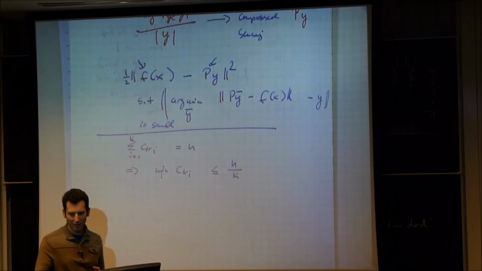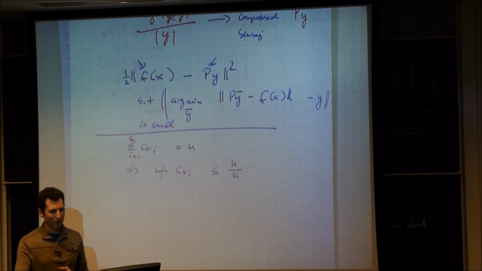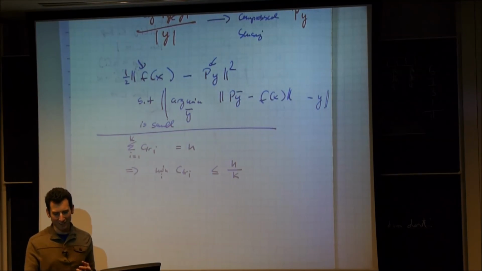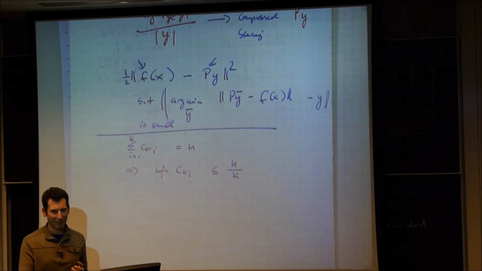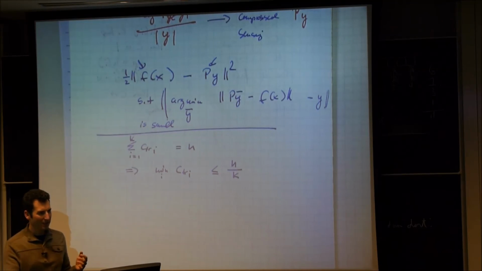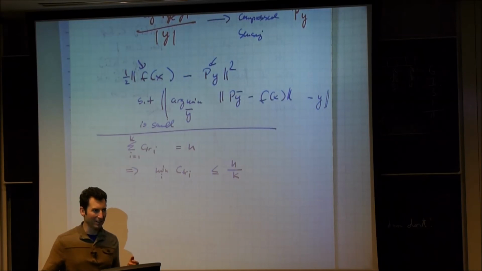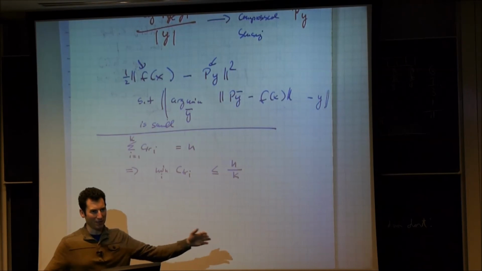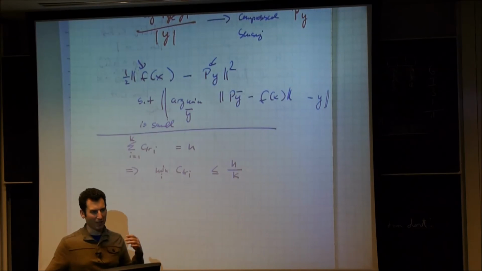Furthermore, I know that the largest entry in the counters is at most n over k. So the largest error I could ever make by not seeing an element until the very end and then just keeping on inserting it would be n over k.